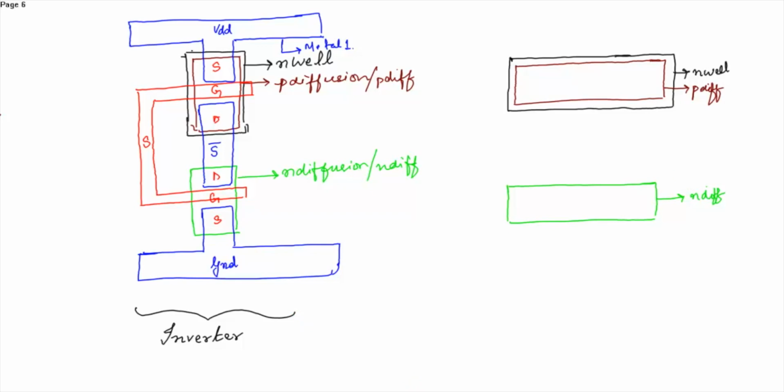Now, let us get the terminal names. This is the source, gate and drain. These are the three terminals of the PMOS and NMOS. Gate and drain. This is also source, gate, and this is the drain terminal.